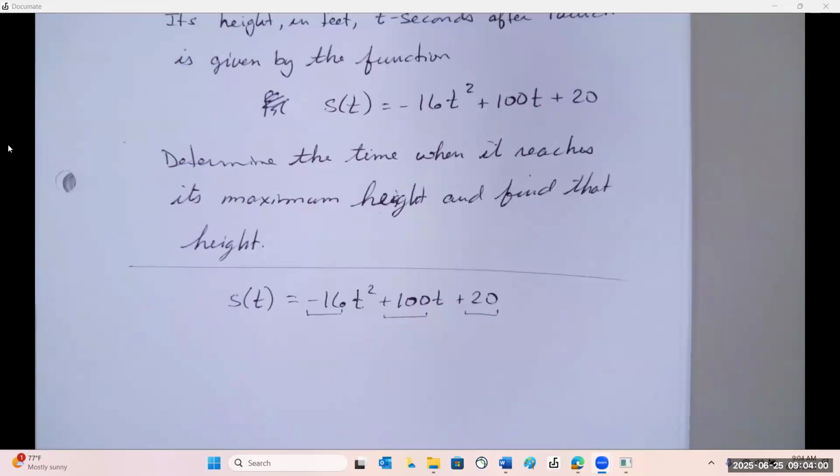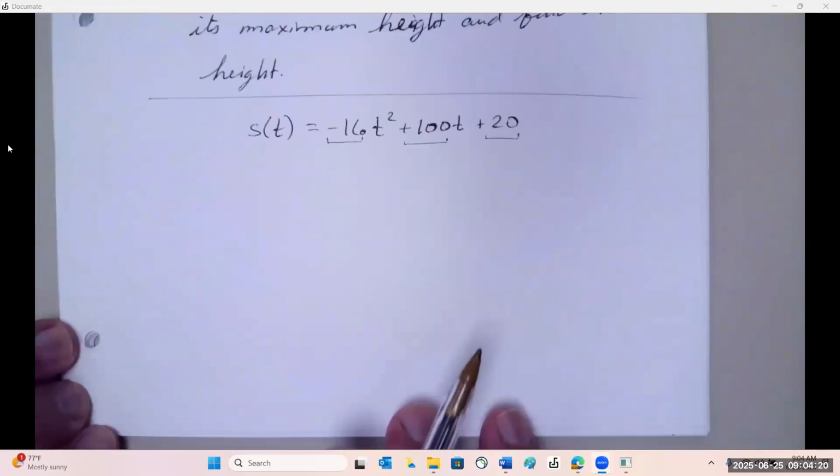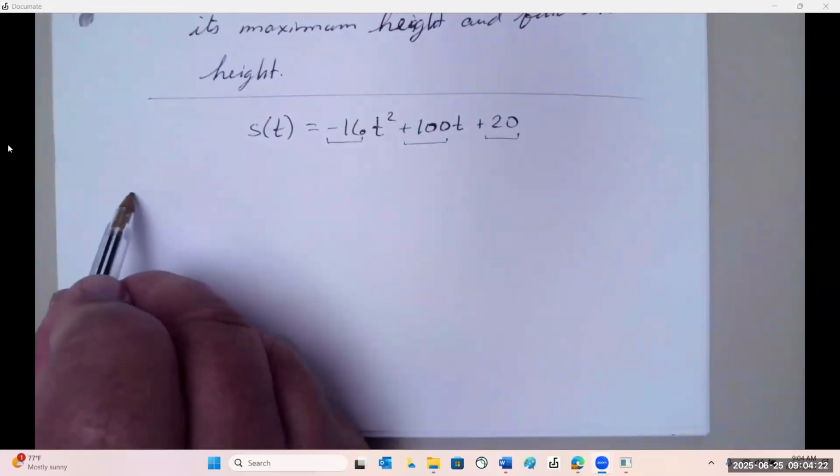First off, what's that? No distance. Well, has the rocket even launched yet with this equation? No. What do we know about it? So if we draw a picture, whenever you have a word problem, always draw a picture.